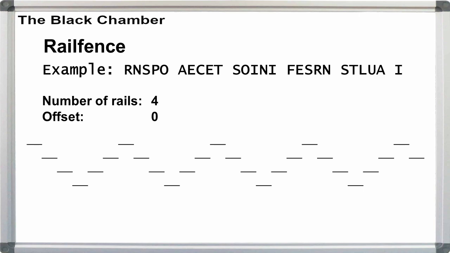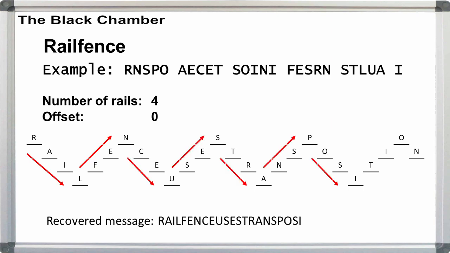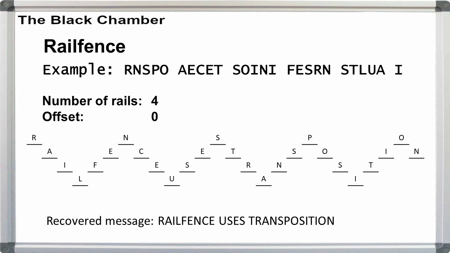Either way, write the cipher message in rows and read it off the zigzag. Reformatting with word spaces, we get Railfence uses transposition, which is useful because that was our original message.